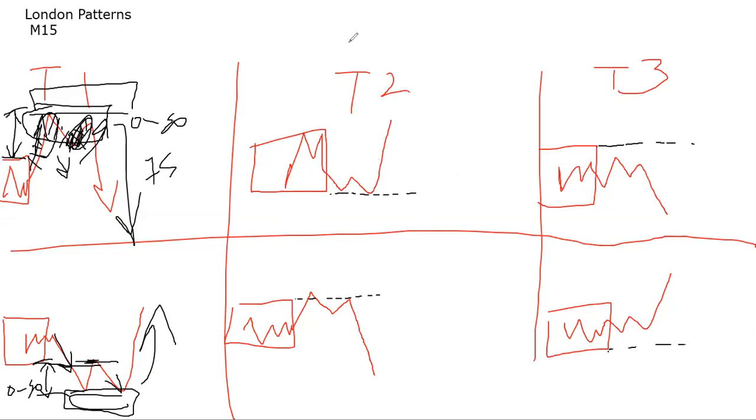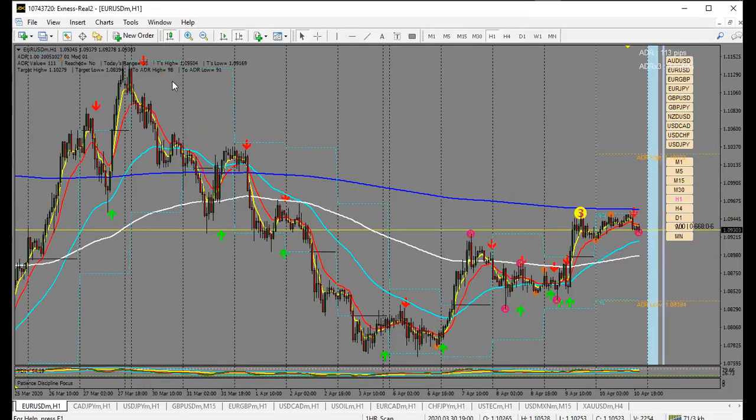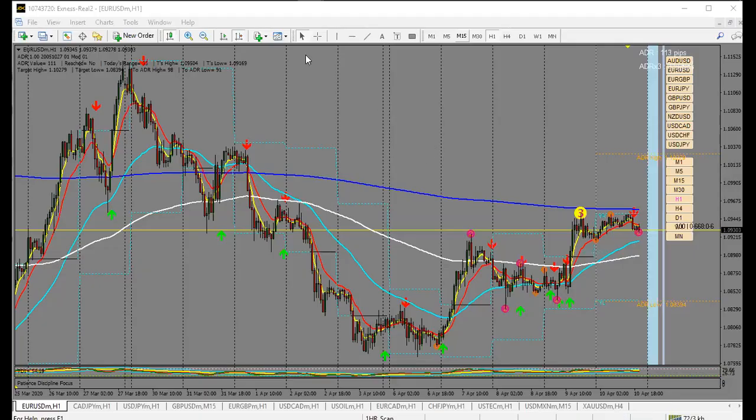So I'd like us to quickly look at the charts right now for any examples of these pairs.